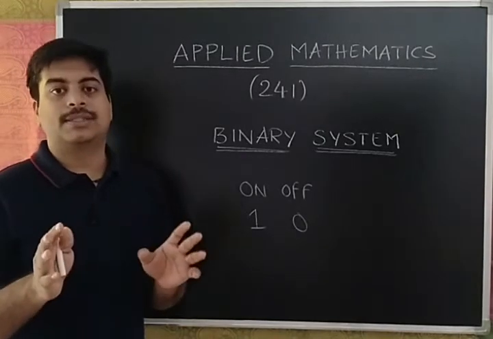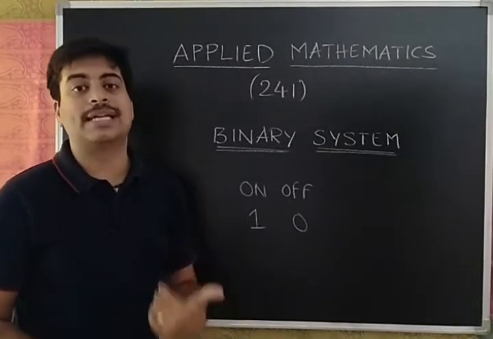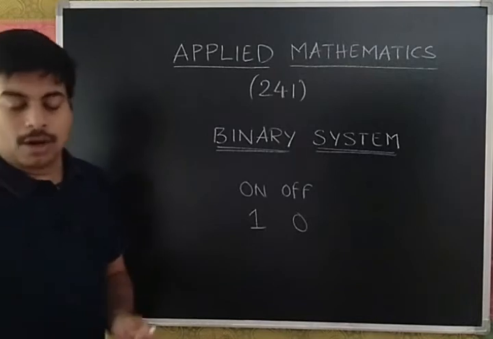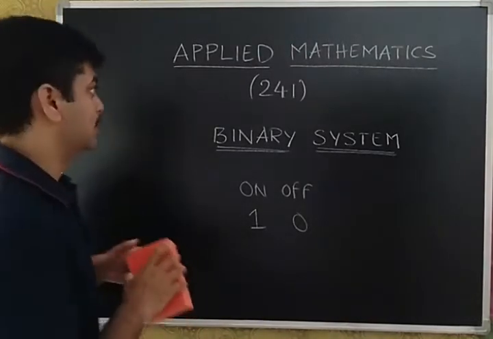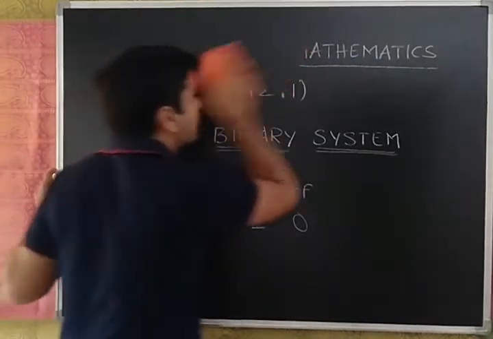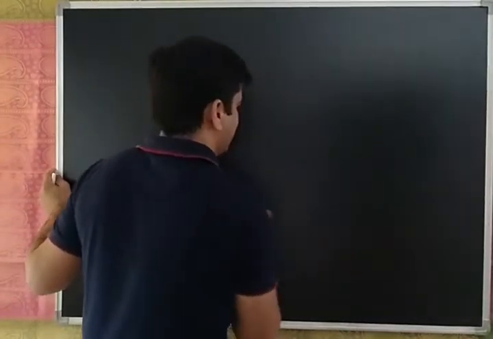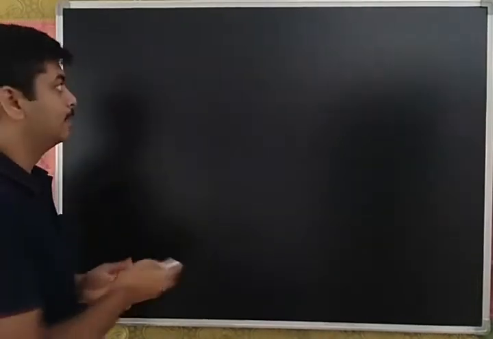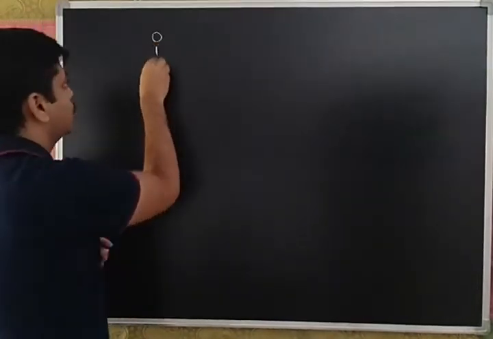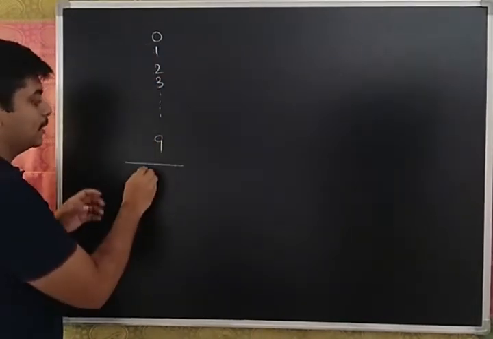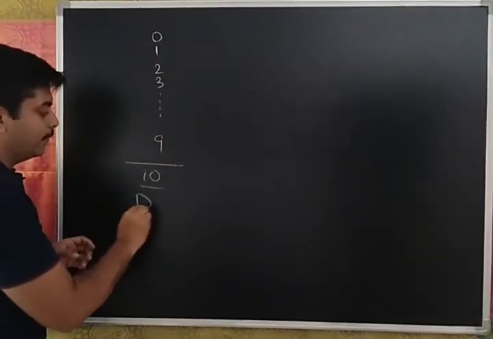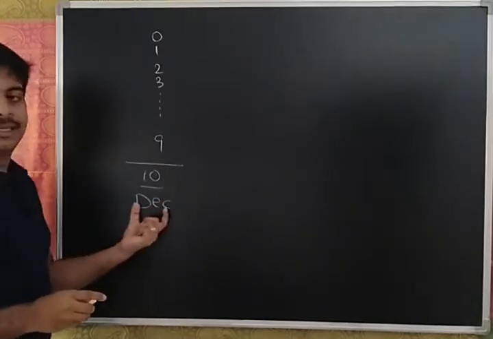All the other numbers we actually use are in our present decimal system. Let us come to the difference between a binary system and a decimal system. The decimal system is the one we are using, that is from 0 to 9. The numbers 0, 1, 2, 3, and so on till 9, we have 10 digits altogether, and that's the reason we call it decimal.